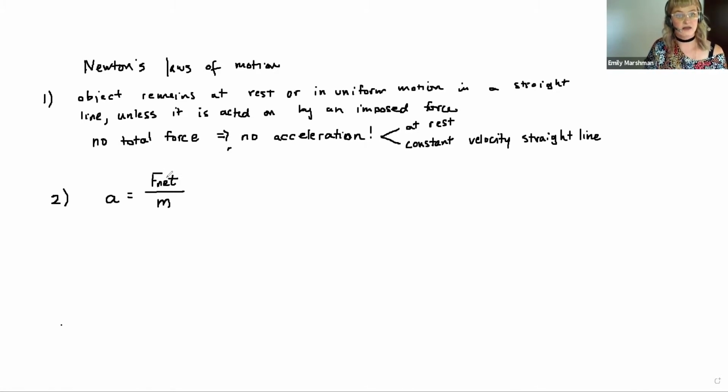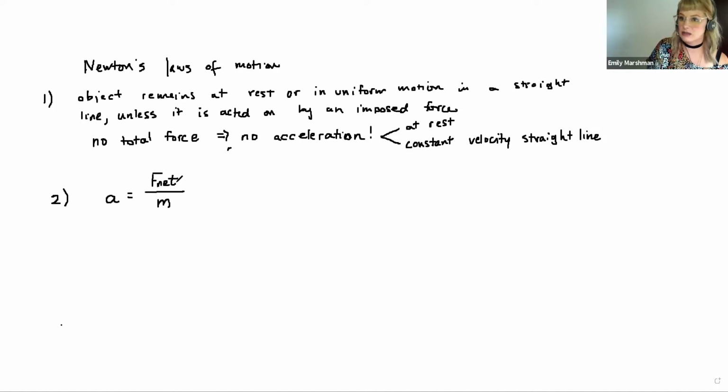So if I have a net force to the right, that means that the acceleration is also going to point to the right. And the acceleration is inversely proportional to the mass. So the larger the mass under the same net force, the smaller the acceleration, right? That makes sense.